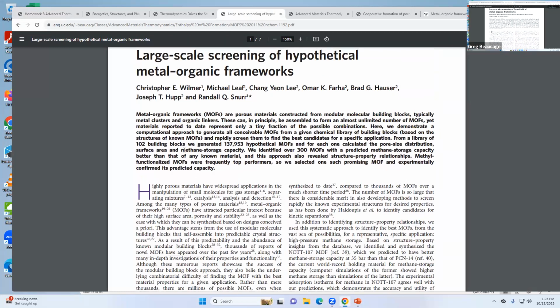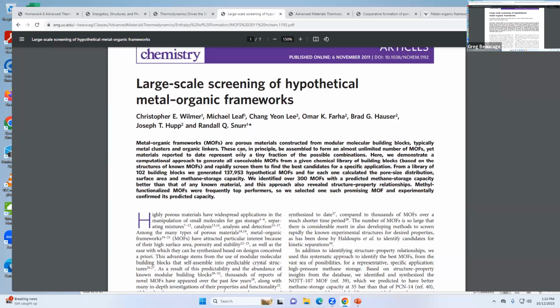So they can't do electronic state calculations and simulations to get these things because it's too many. They're going to have 137, 138 hypothetical MOFs. And it takes a year to do one simulation of one of these.